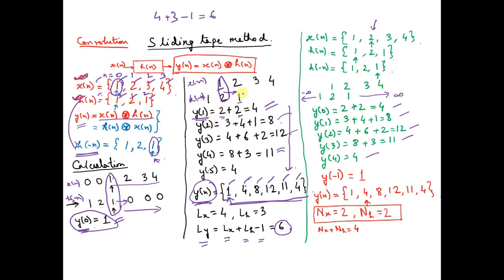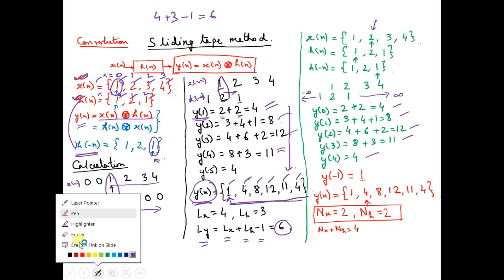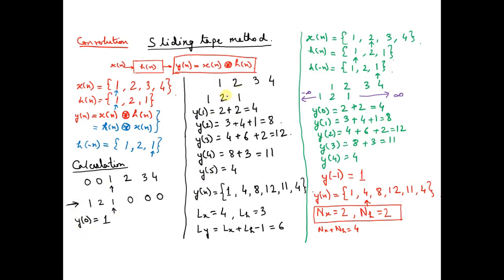If you look over here, what will happen? Towards the left also, you will be getting some values, right? We didn't get it. So our x values are 1, 2, 3, 4, and this one is 1, 2, 1.